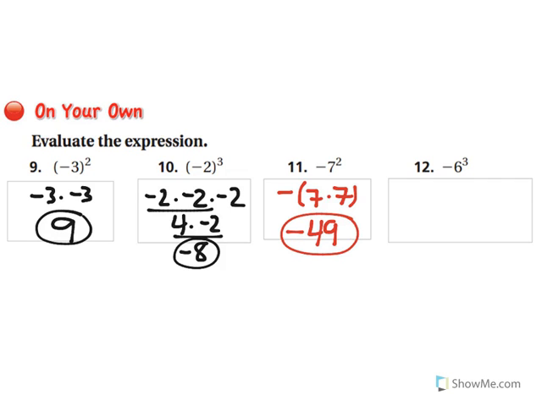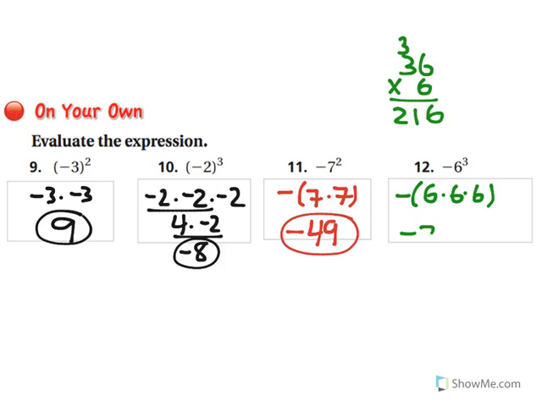And then for our last one, we have negative, and it's 6 times 6 times 6. So our answer is going to be negative, and we have 6 times 6, which is 36, times 6. Then we get 6, carry the 3. 6 times 3 is 18, plus 3 is 21. So we have negative 216.